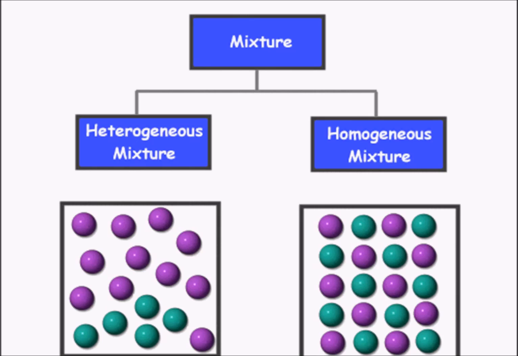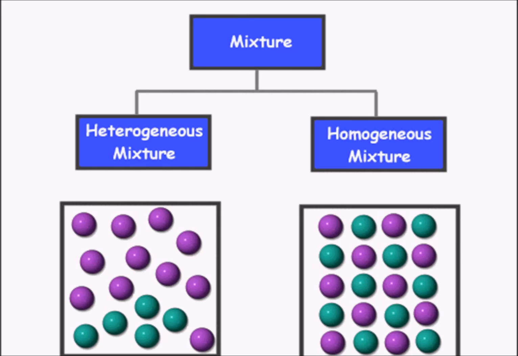And if you talk about the homogeneous mixture, it is nothing but a mixture that has a uniform composition throughout its mass. So it has no visible boundaries of separation between the various constituents.